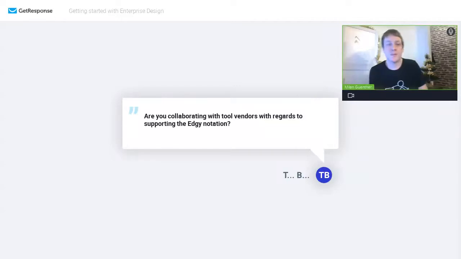Are we collaborating with tool vendors? Yes, we are. So we have 4 enterprise architecture tool vendors that are currently looking into implementing Edgy. I think that might happen quite quickly as soon as we publish it. We want to publish it early next year, so quite soon.